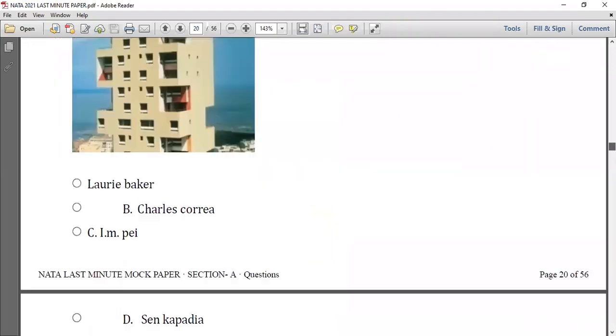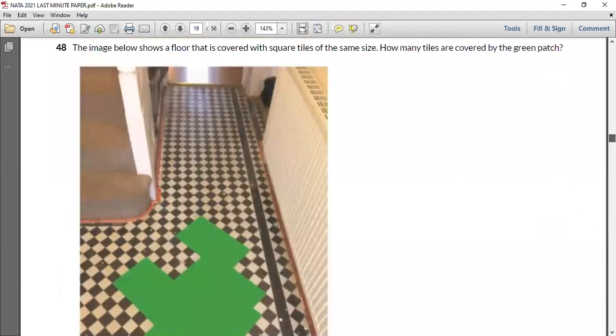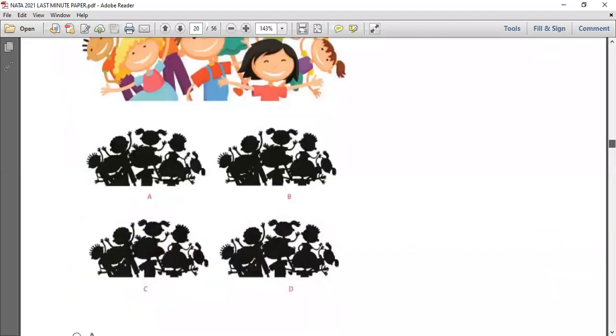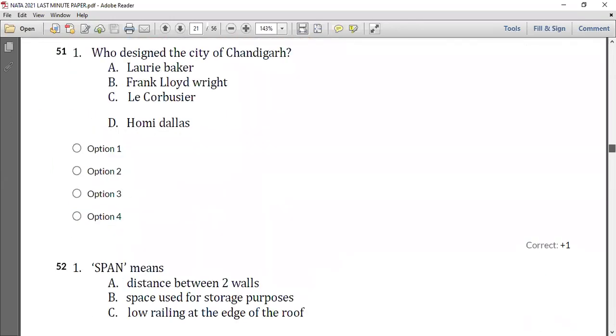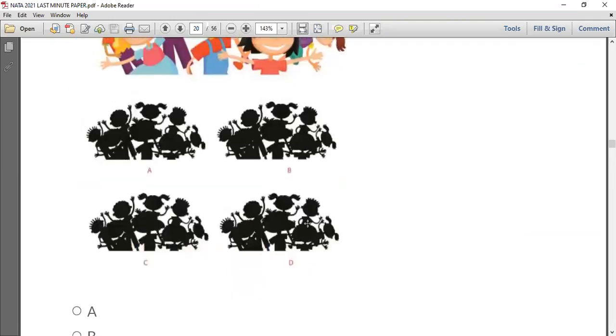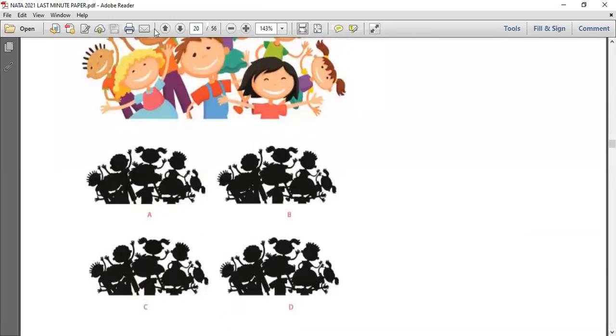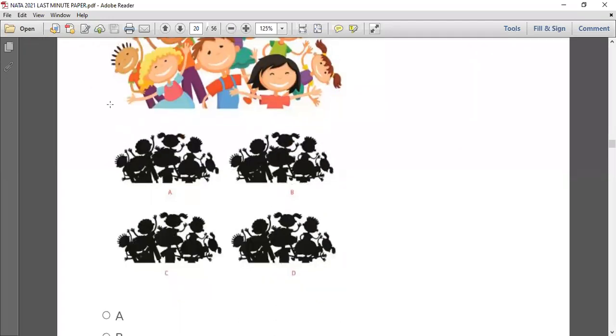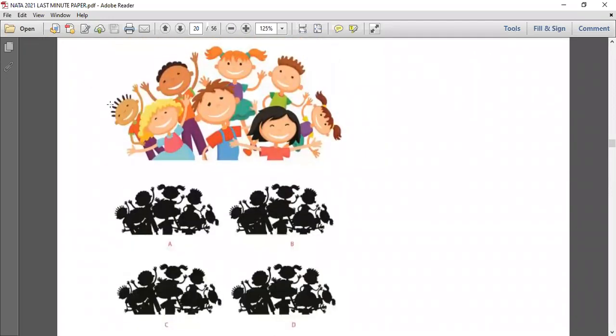Other than this, we have identifying the places and all. We will have something like spot the differences. Once you are asked to choose the correct shadow or a kind of black and white image, what you need to do is not compare with the image given, because that is in some other medium.